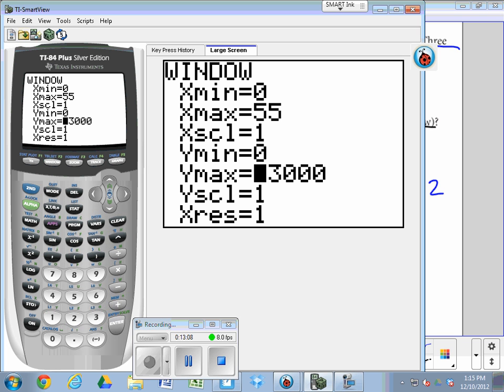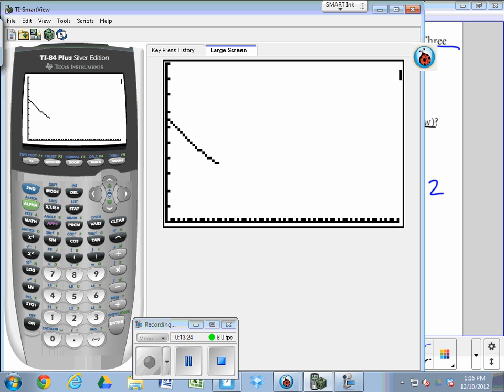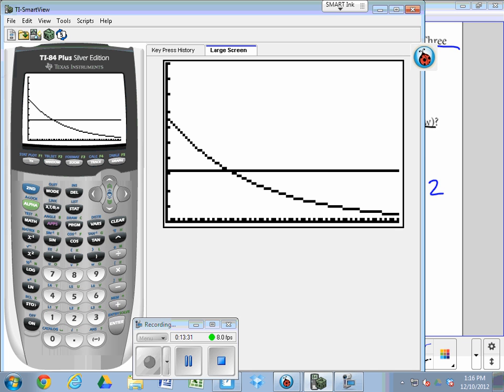So actually, a window here for y of 0 to 10 should be sufficient. Let's see what it looks like. We should see a decaying curve and the horizontal line at 3.3. There's the curve. And here comes the 3.3 coming across.